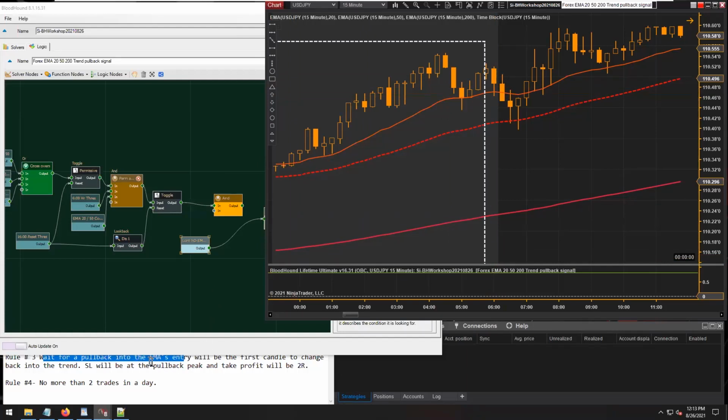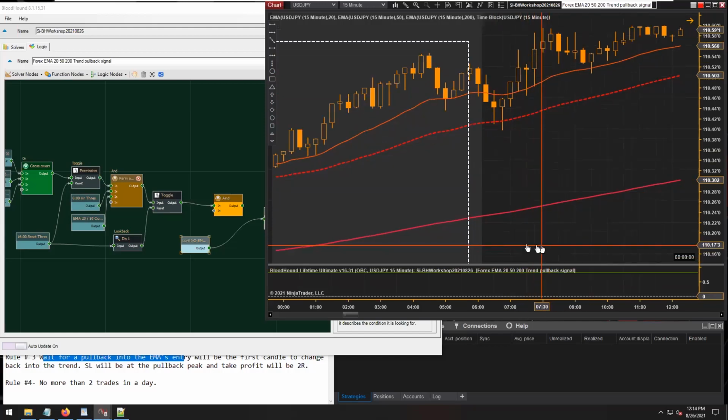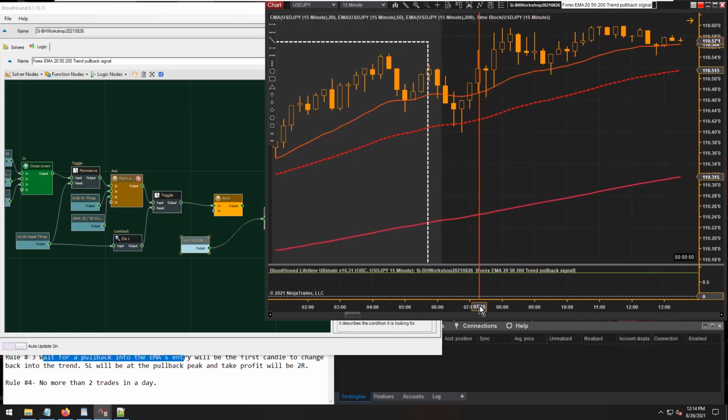It just says we're looking for a pullback. So that could be just the wick. For a long, it could be just the low of the bar crosses the EMA 20 and then takes off again. It depends on how strong the market's moving. You never know how deep those pullbacks might be.